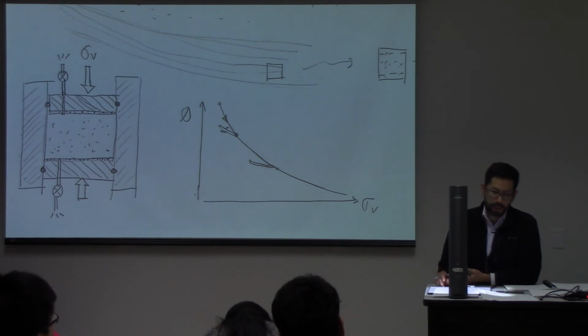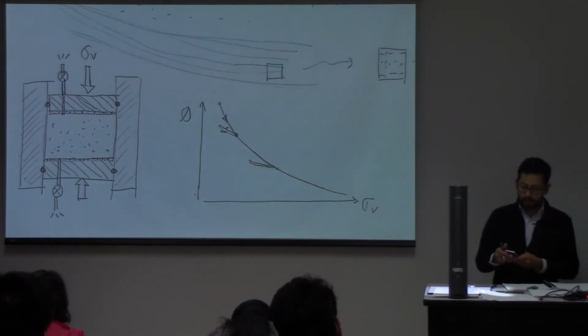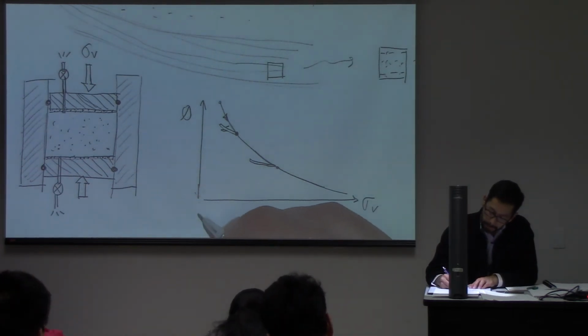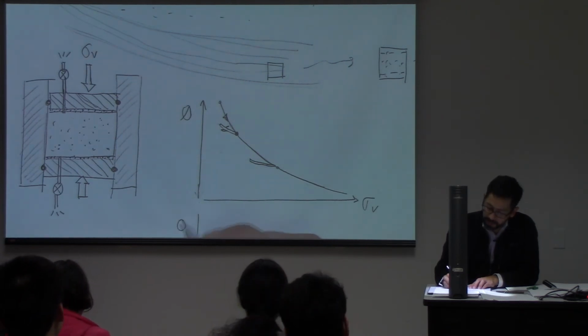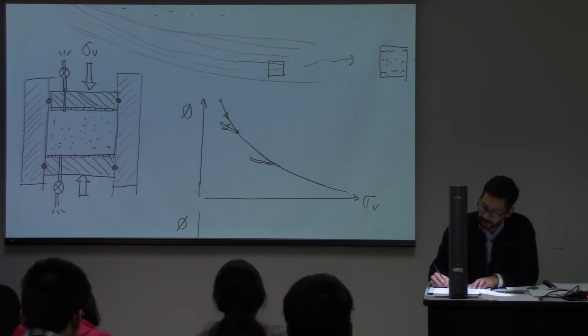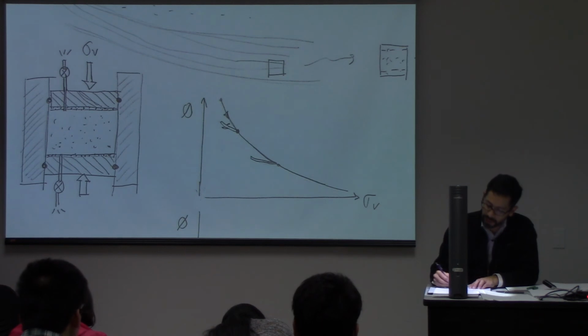There is an easier way to take a look at these plots. How are we doing with time? Over time. Let me just finish this. Instead of plotting porosity as a function of vertical stress, you can plot this as a function of the logarithm of effective stress.